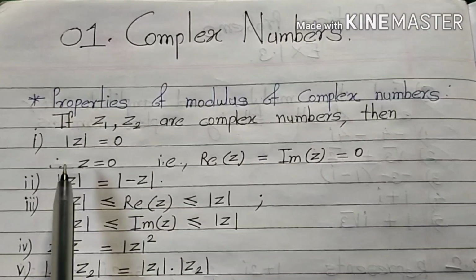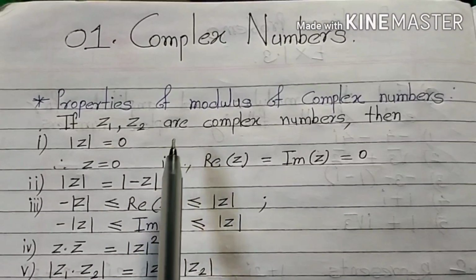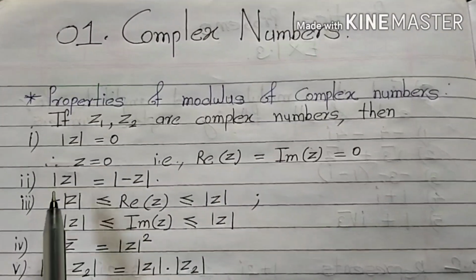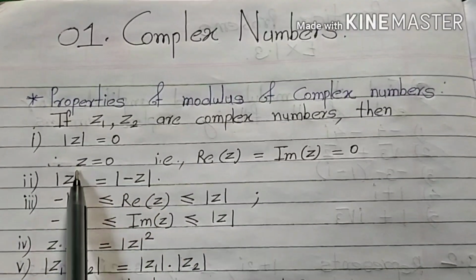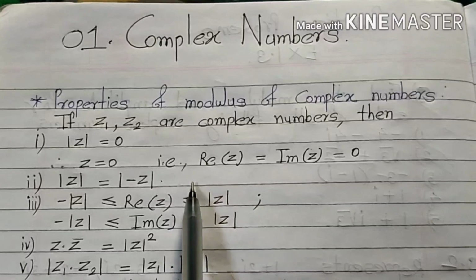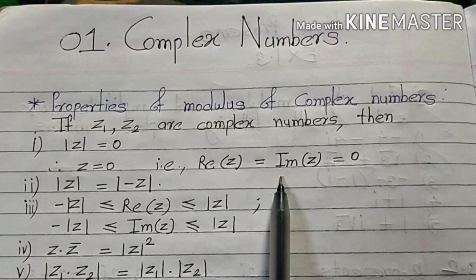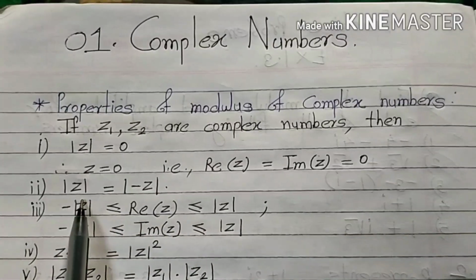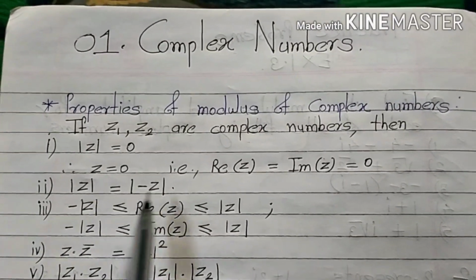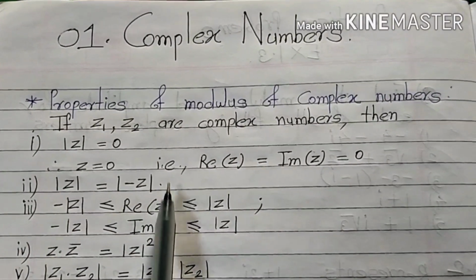So the first property: if z1 and z2 are complex numbers, then modulus of z is equal to 0, therefore z is equal to 0, that is, the real part of z is 0 and the imaginary part of z is also 0. Modulus of z is equal to modulus of minus z.